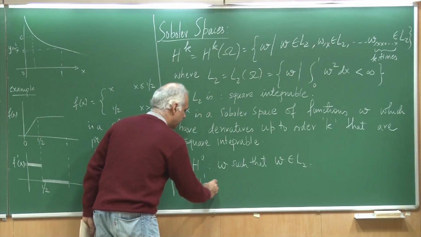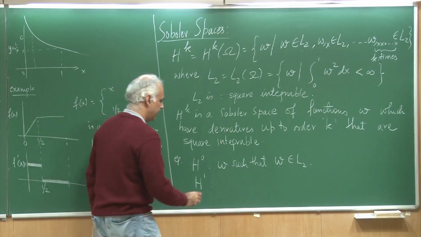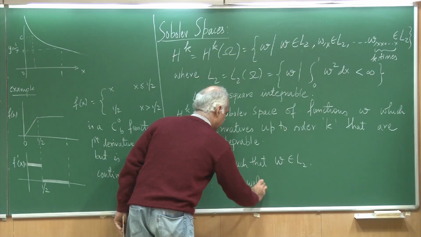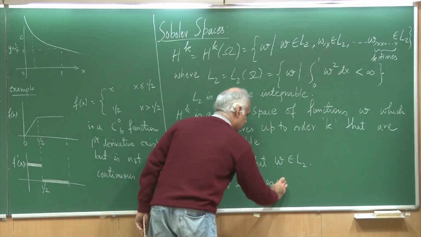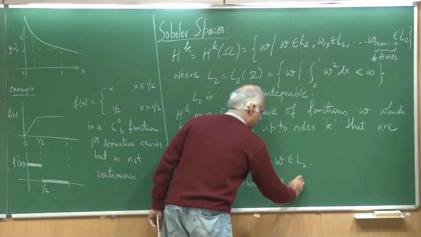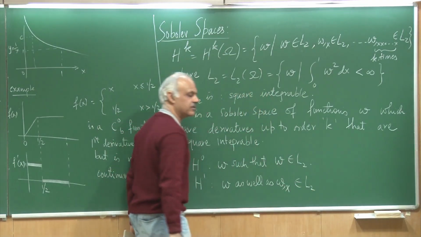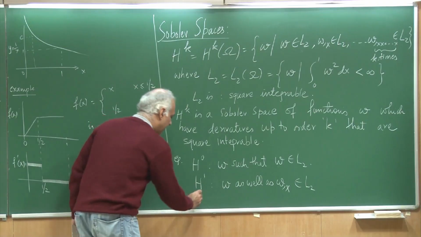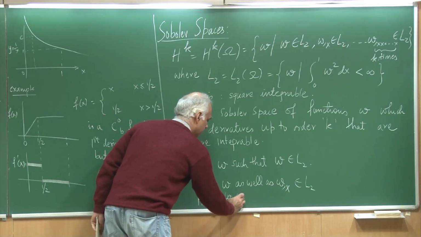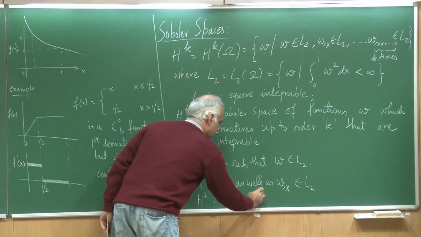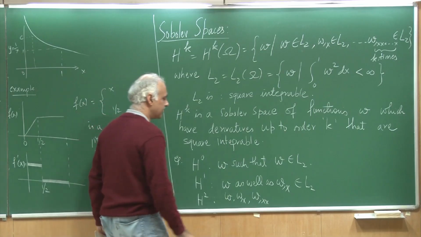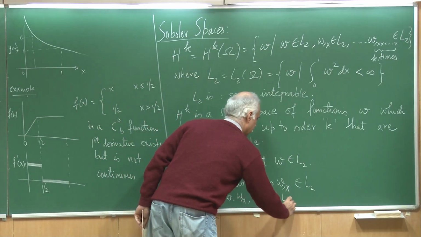If I talk about H1, then W as well as w comma x, the first derivative, should belong to L2. Similarly, if I talk about H2, then w comma x and w comma xx, the second derivative, must belong to L2.